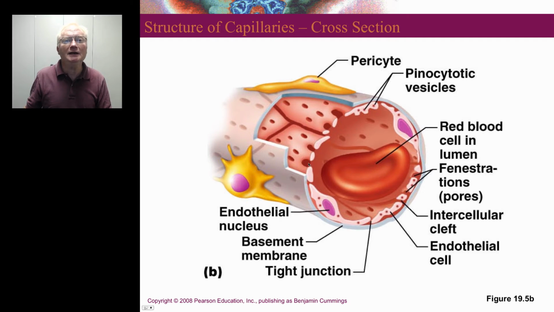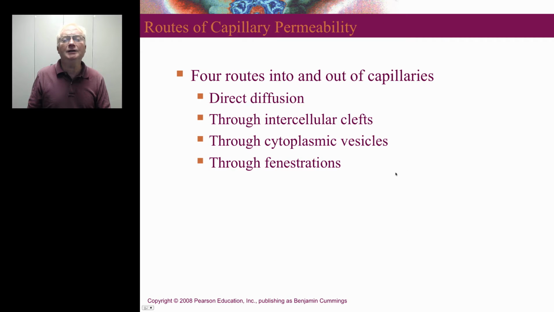In a fenestrated capillary, you have these holes or fenestrae or windows, and you can imagine that things like proteins, small proteins, can get out of the blood, but things as large as red blood cells cannot.